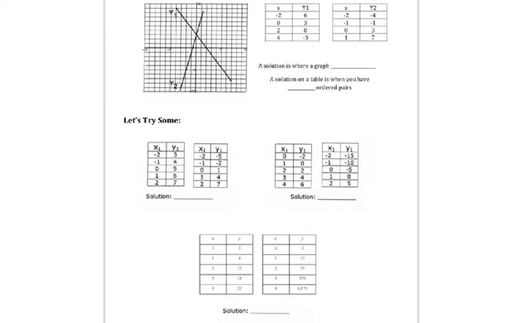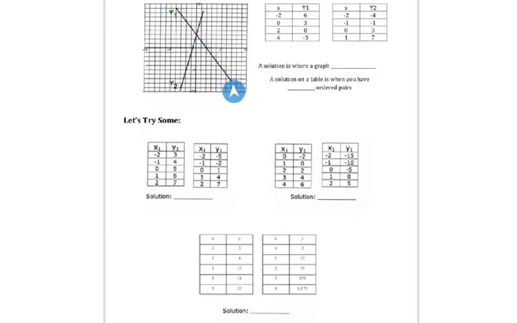Okay, so what we have here is we're figuring out what the solution is, but this time instead of from a graph, we're going to get the solution from a table, which is even easier. So in this picture, we have a y1, and we have a table that holds all of its ordered pairs: (-2, 6), (0, 3), (2, 0), (4, -3).